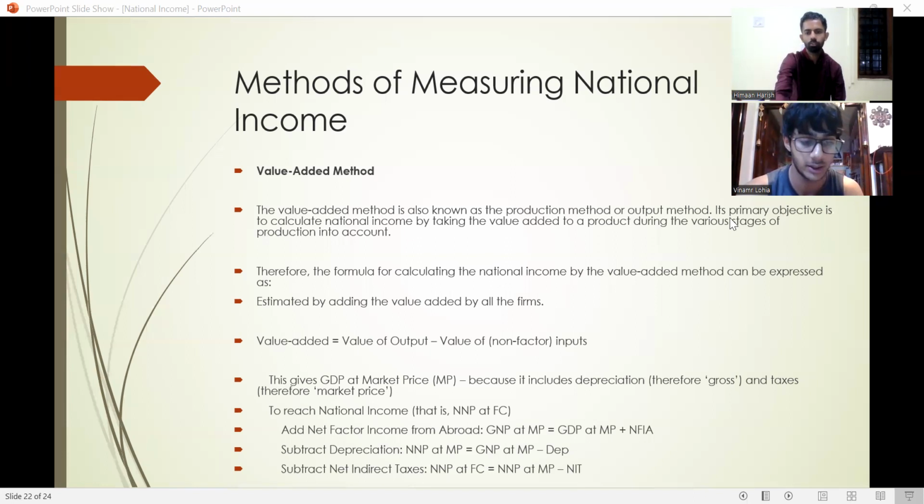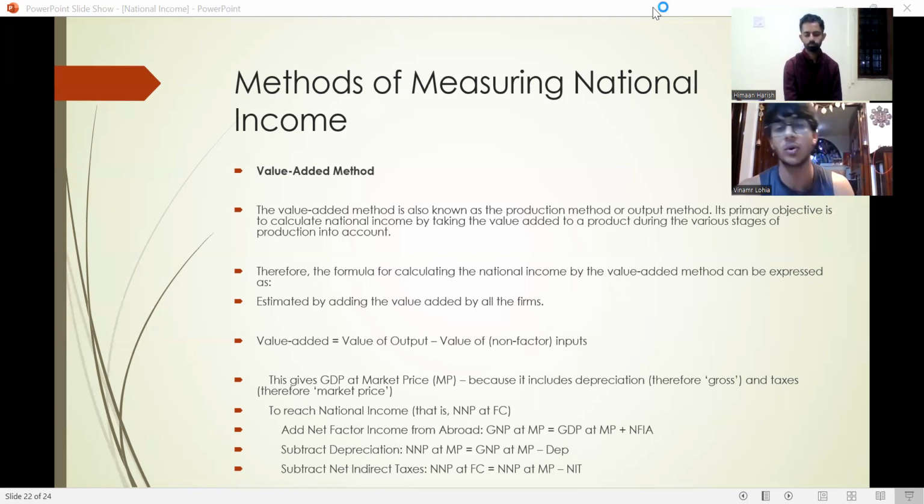NNP is net national product at factor cost. GNP is gross national product. And GDP at market price.